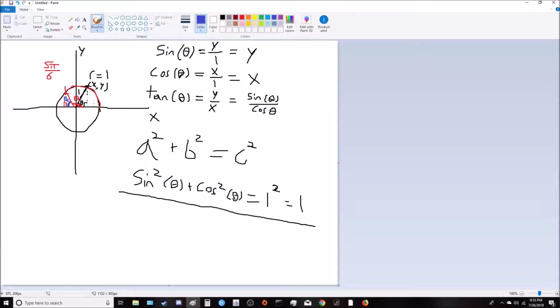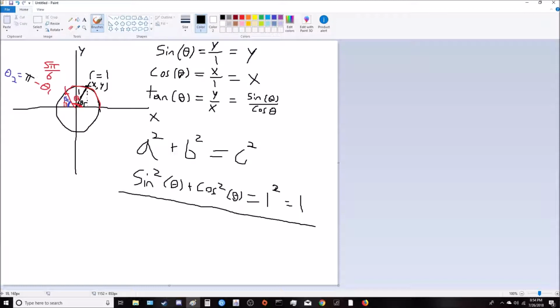You'll notice that theta sub 1 and theta sub 2 are going to add up to pi radians because they're making a full half turn here. So you could say that theta sub 2, the angle that we're looking for, is equal to pi radians minus theta sub 1. And this is true for any angle that lands in the second quadrant.